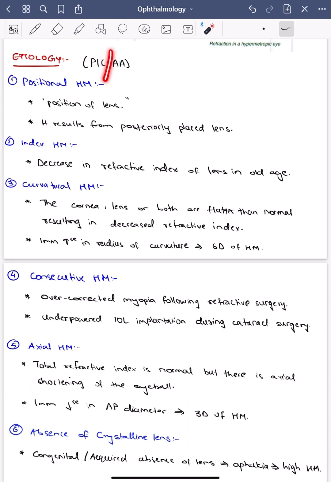C is again for consecutive hypermetropia following surgeries such as refractive surgery or cataract surgery. Then we have axial hypermetropia, that is due to the shortening of the anteroposterior length of the eyeball, and for every 1 millimeter decrease in the anteroposterior diameter, there are 3 diopters of hypermetropia, and finally it is aphakia. So this is the etiology.